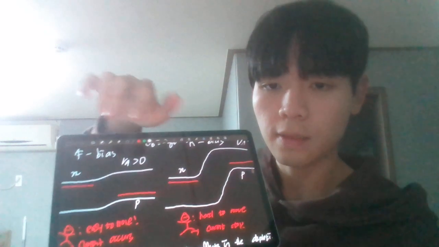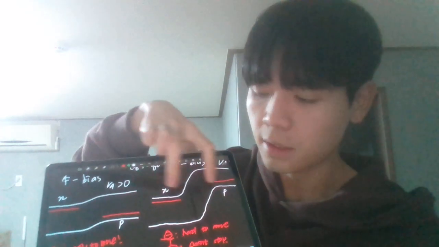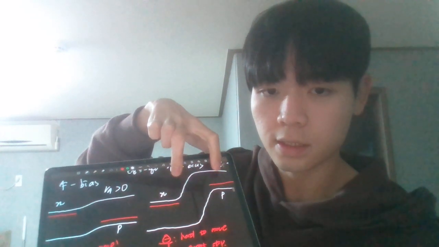Let's talk about some effects caused by forward and reverse bias. First off is the width. We can say the width is this part, and for the reverse bias it is that part.